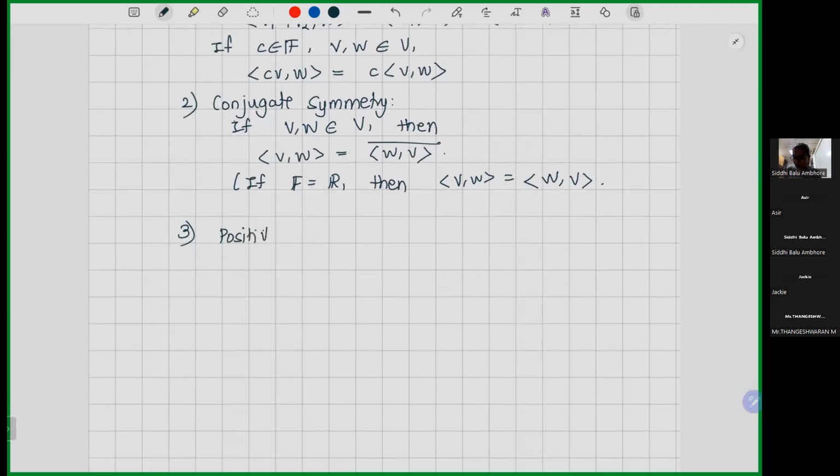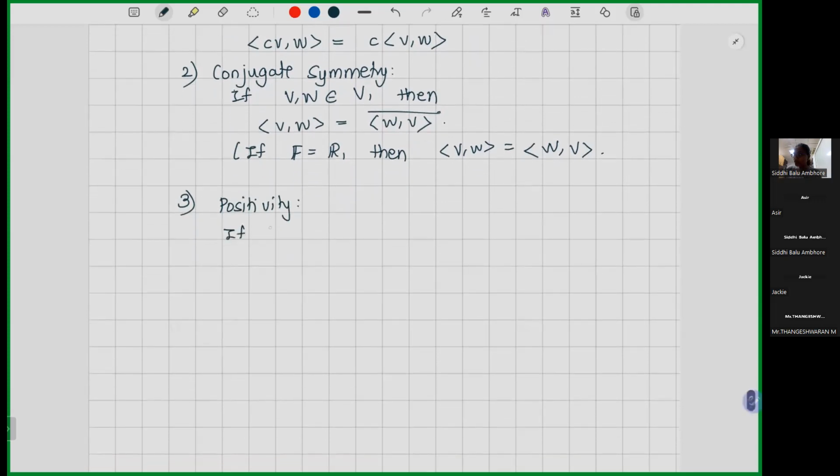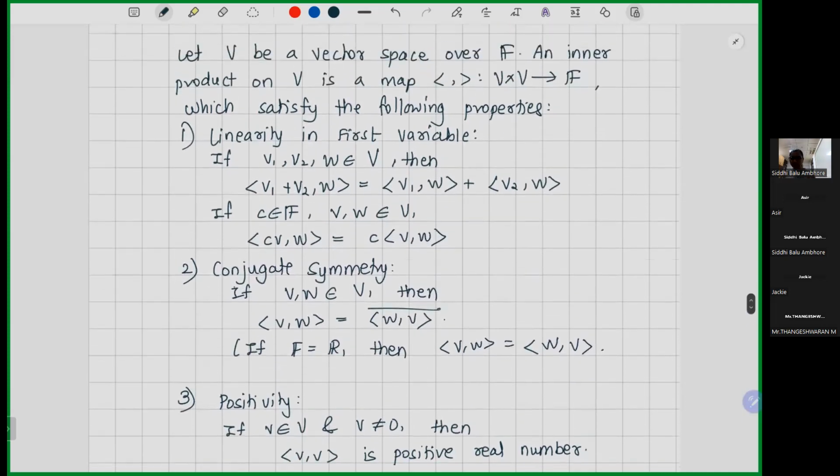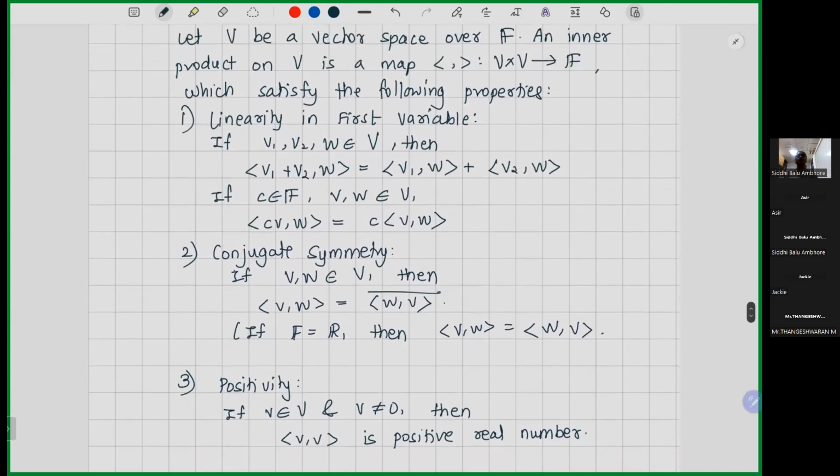Positivity means if V belongs to V and V non-zero, then V comma V is greater than 0, or yeah, V comma V is a positive real number. Okay, so these are three conditions which an inner product space must satisfy.